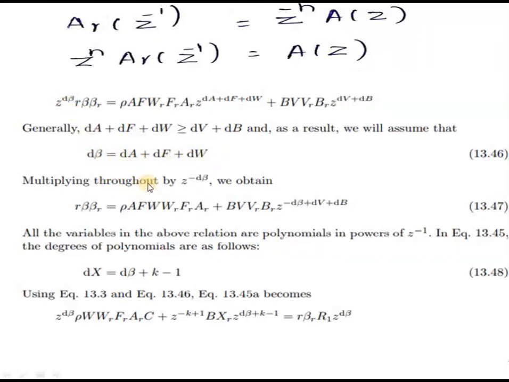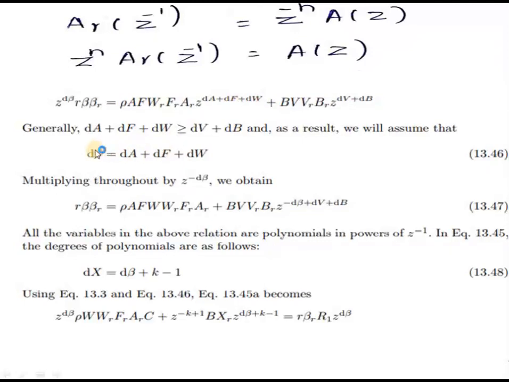Now, multiplying this whole equation with z raised to minus d beta, the plus d beta and minus d beta get cancelled and come with z raised to 0, that is equal to 1. And here we assume that d_A plus d_F plus d_W is equal to d_B.